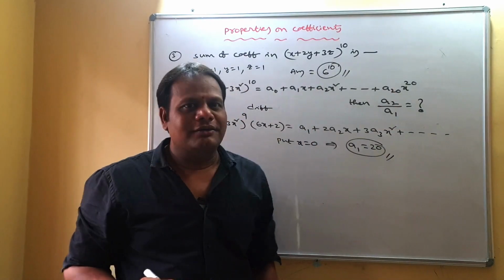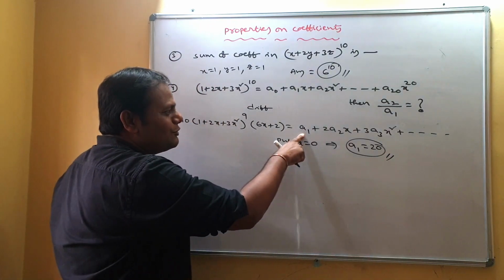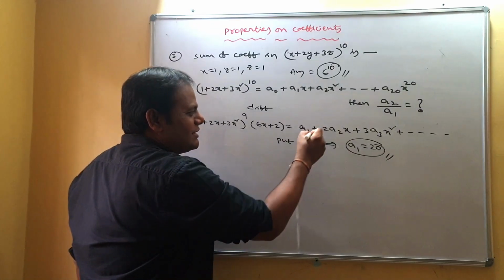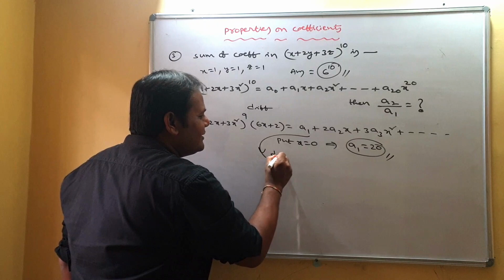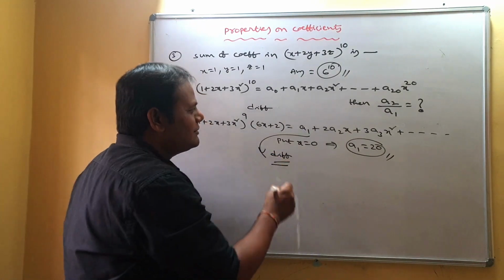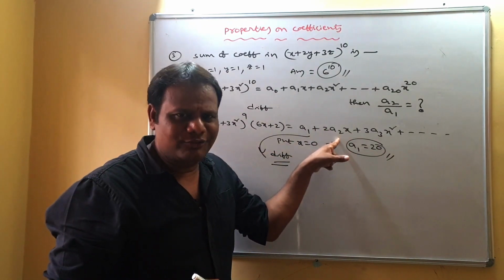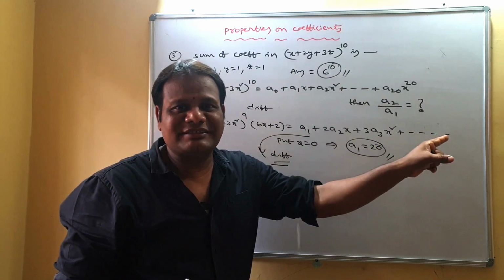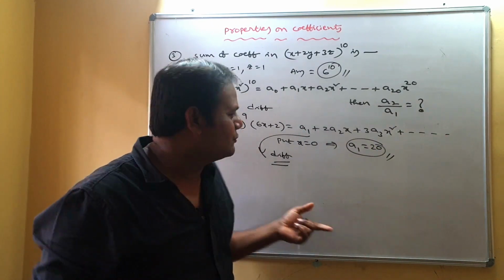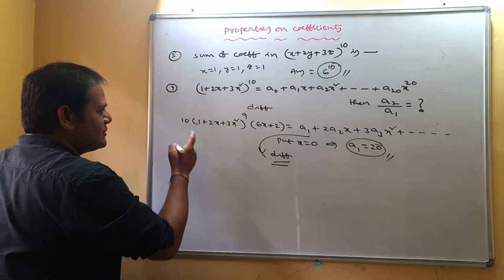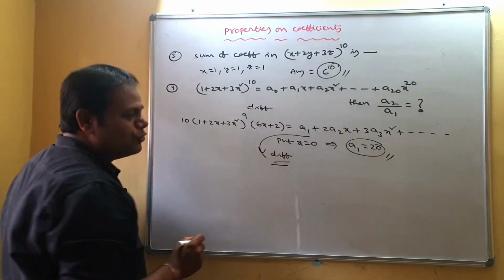Now what do we want? A2. So again we do differentiation. Again we do differentiation, then it starts with A2, and by the time we put x equal to 0, we are left with the A2 value. So again do differentiation. Here you should apply the UV rule, right?